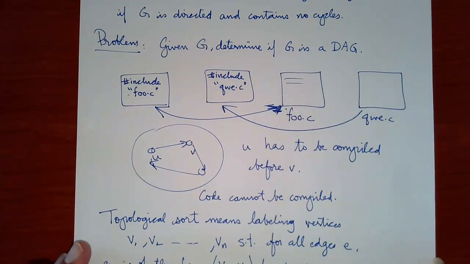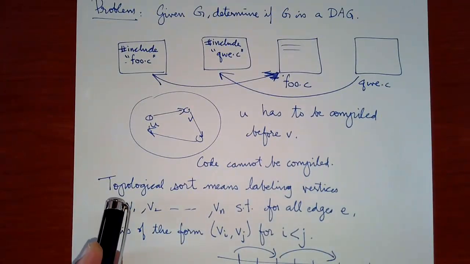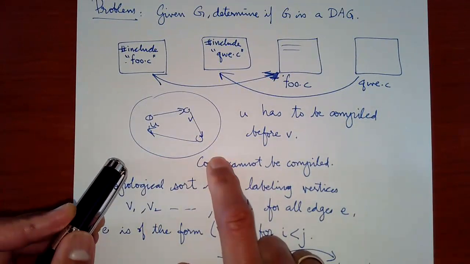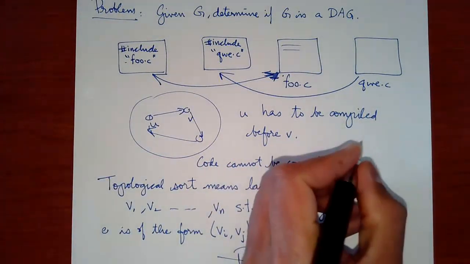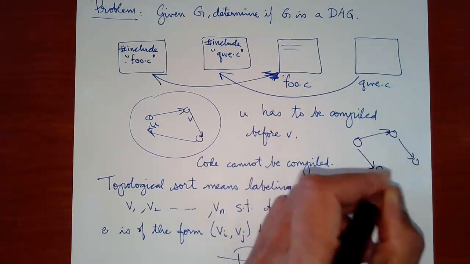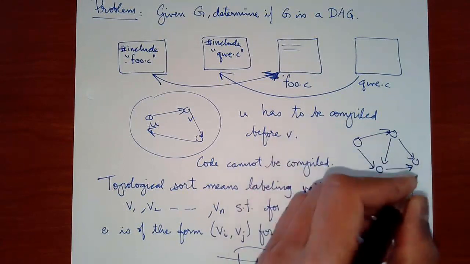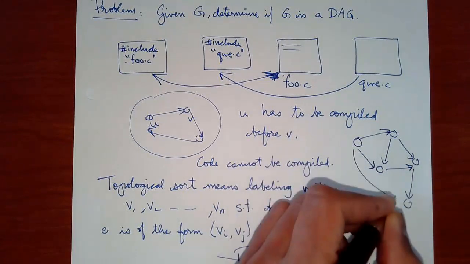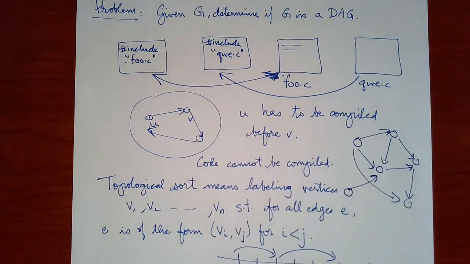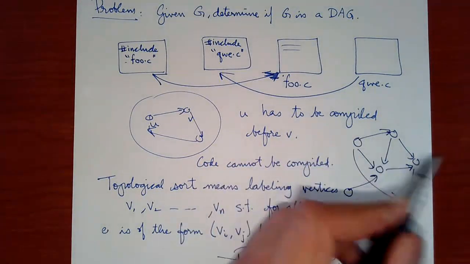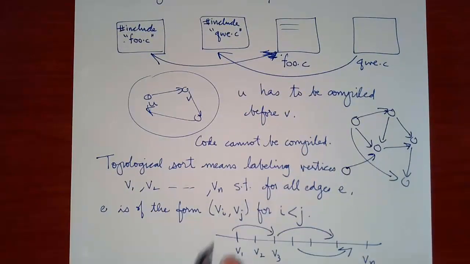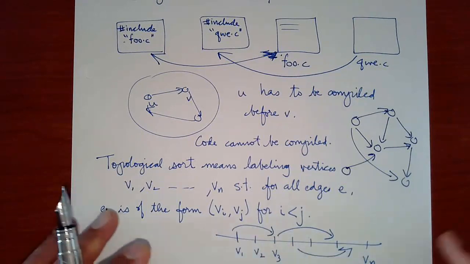So topological sort essentially means finding an order of compilation. Suppose you have a DAG of this form. We would like to order the vertices in such a way that the edges always go from lower order to higher order.